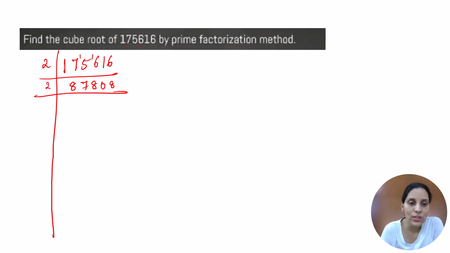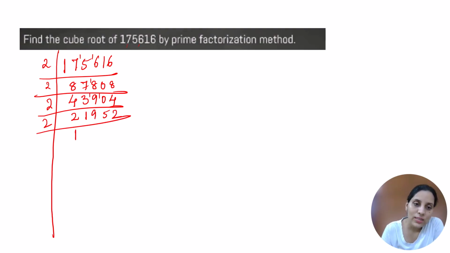Now again 2 table, 2 4s are 8, 2 3s are 6, 2 9s are 18, 2 4s are 8. Again 2 2s are 4, 2 1s are 2, 2 9s are 18, 2 5s are 10, 2 2s are 4, 2 1s are 2, 2 9s are 18, 2 7s are 14, and 2 6s are 12.